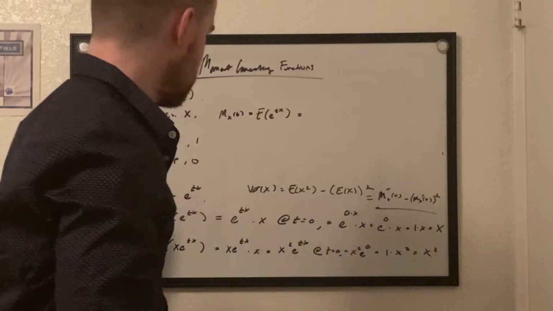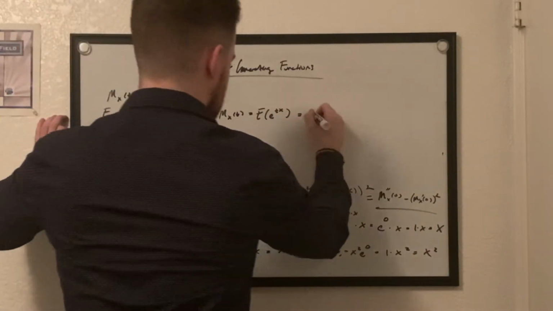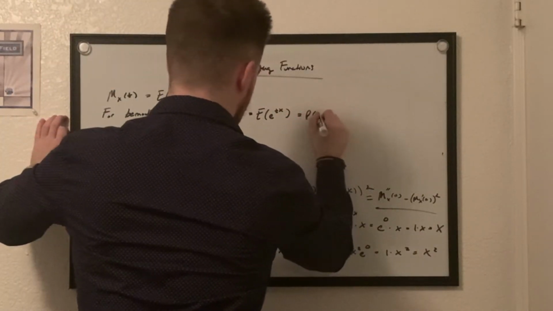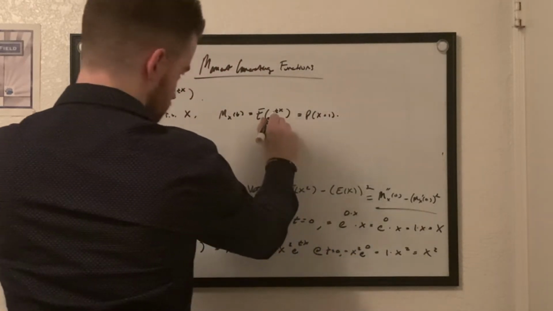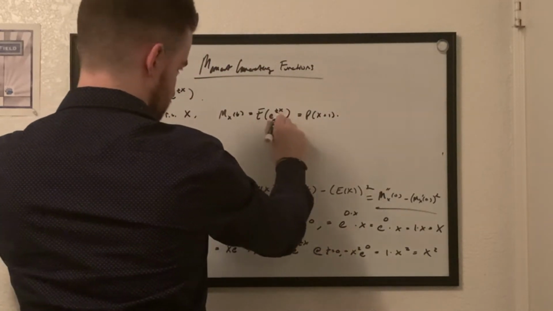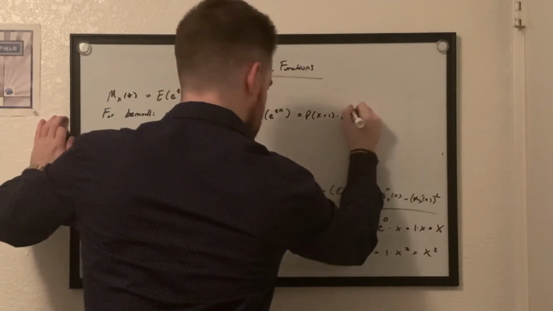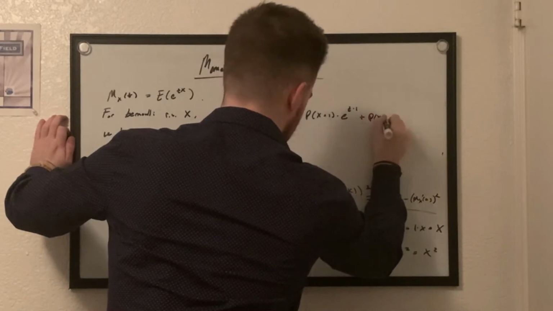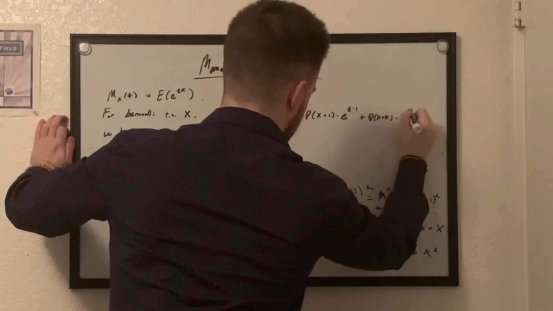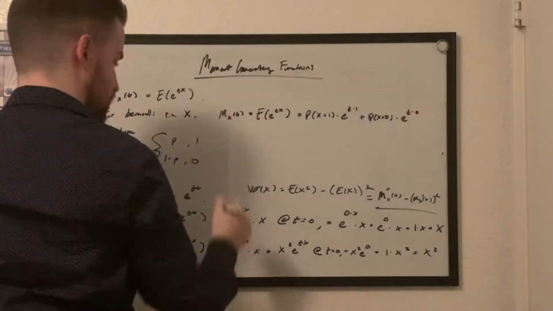So if we do e to the tX, well, it'll be the probability x equals 1 times the observation of this at x equals 1, so e to the t times 1, plus the probability x equals 0 times the observation of this at x equals 0.